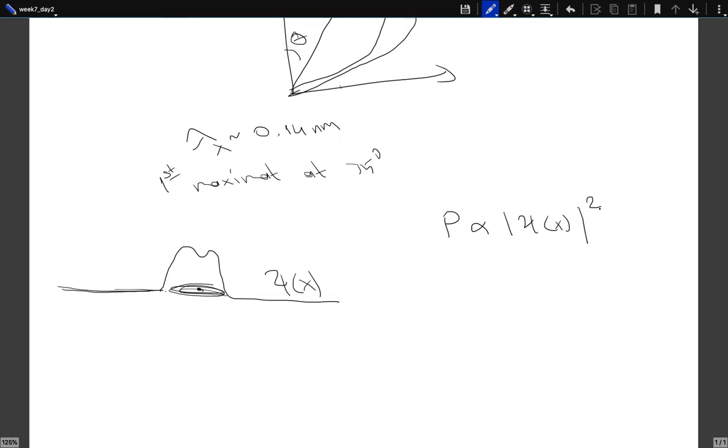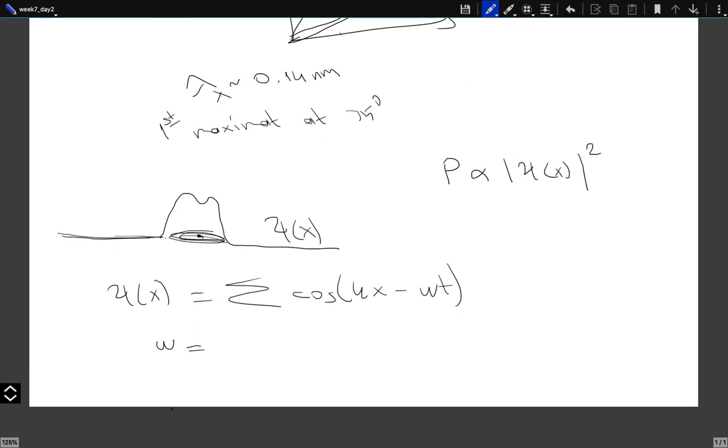And then we said, okay, if it is a wave, we can write every wave in terms of harmonics, where omega was E over h bar, and k is equal to p over h bar.